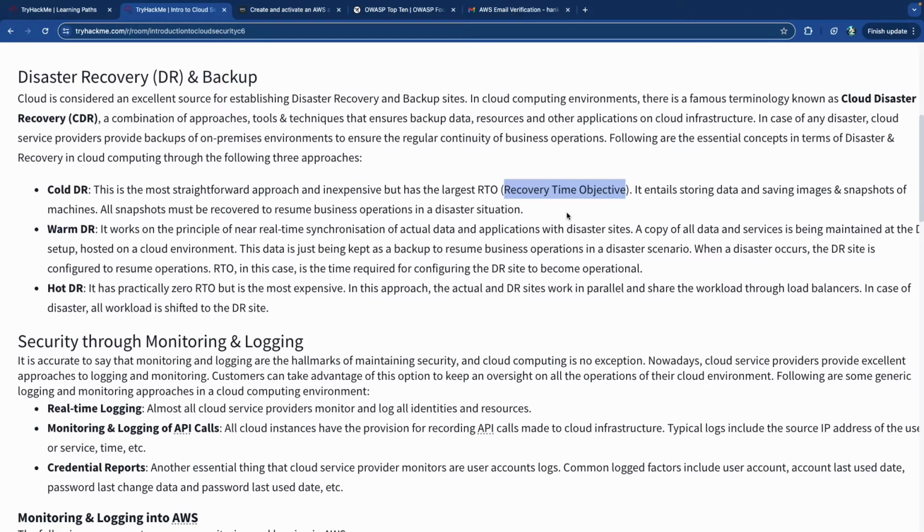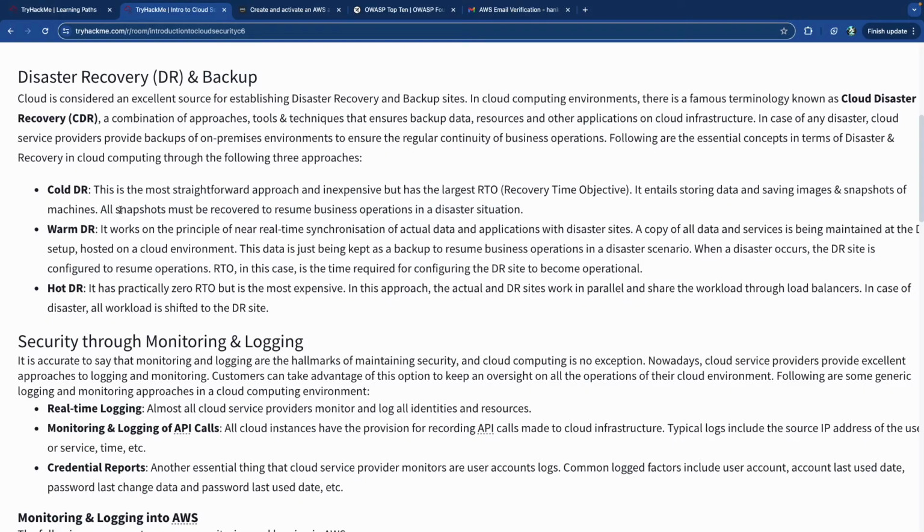It basically stores data and saves images, which are disk images or snapshots of the machines that you have, so that whatever software you had installed, you would just virtualize it and reinitialize that operating system with all of the software already installed on it. That's what a disk image is. And all snapshots must be recovered to resume business operation in a disaster situation, right?